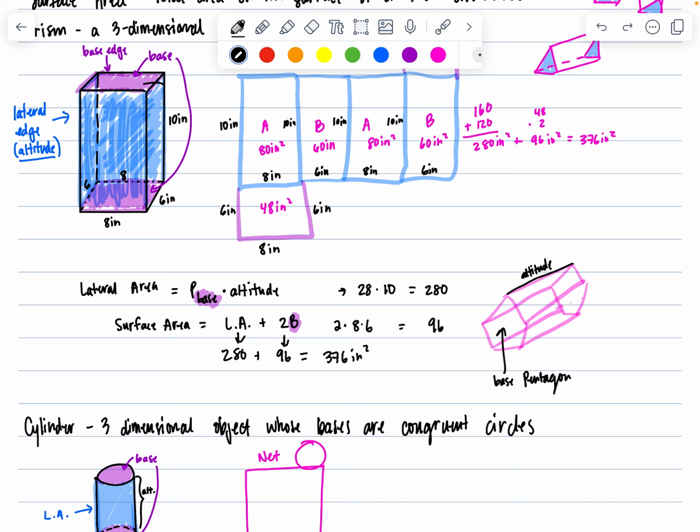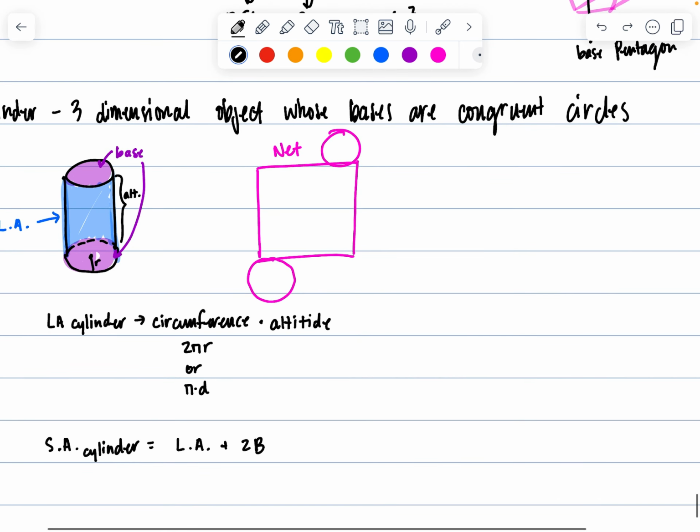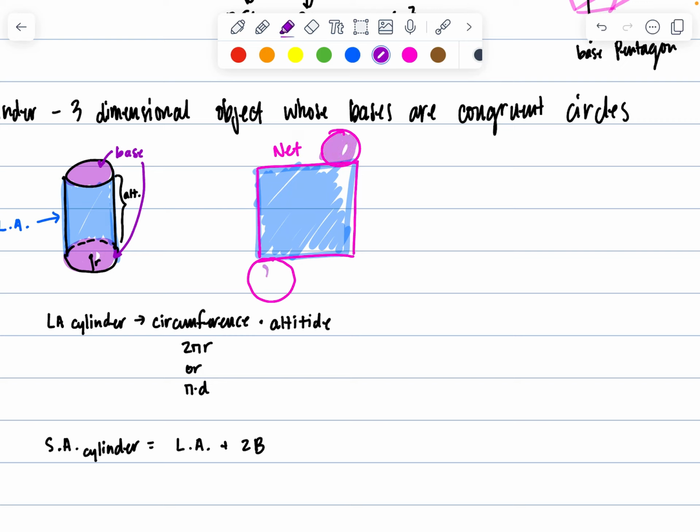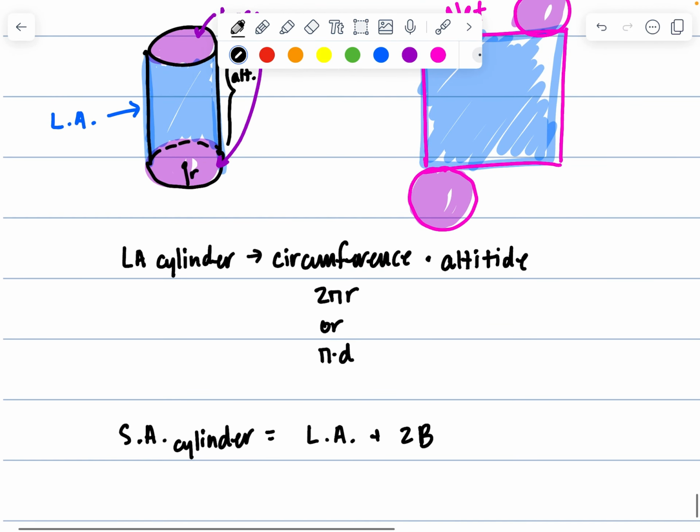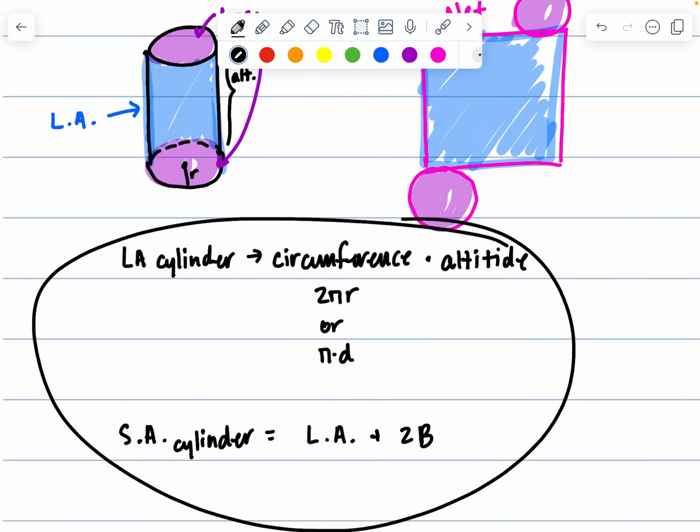If you find the lateral area of a rectangular prism, then you just add on the 2 bases to it. The same thing here. If you could find the lateral area, which is this rectangle, solve for it, and then add on the 2 bases, then you have your total surface area. So these are 2 equations that we need.